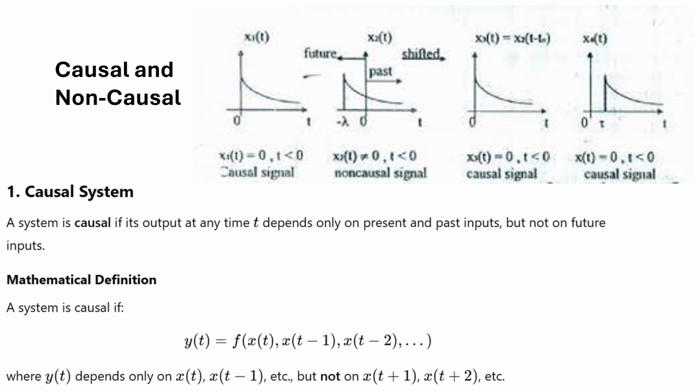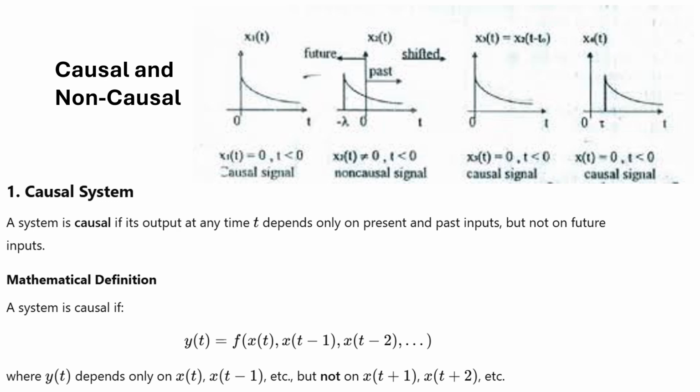Now the next system is causal and non-causal. Causal simply means a system is causal if its output at any time t depends only on the present and past, but not on the future. That is your causal system.